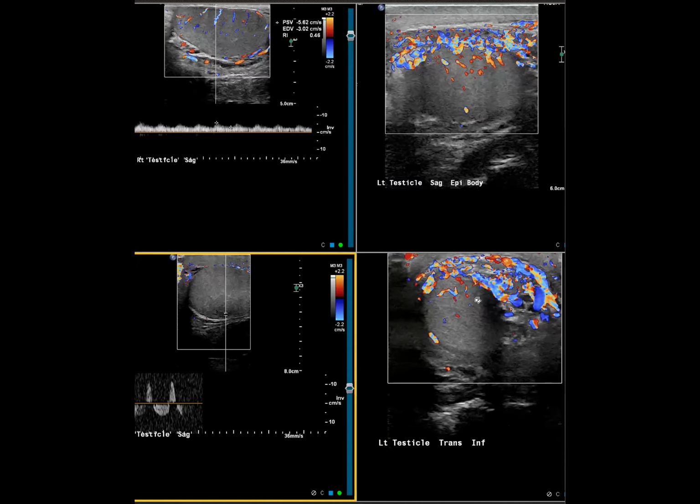Just one other question. Do you think when there is a complete torsion, we would still be seeing flow in the epididymis? I remember from college days, but I'm not sure if I am correct or not. The spermatic cord has three arterial blood supplies, testicular, cremasteric, and I don't know, the artery of the vas deferens or something.